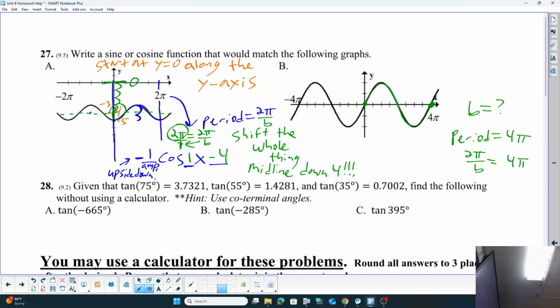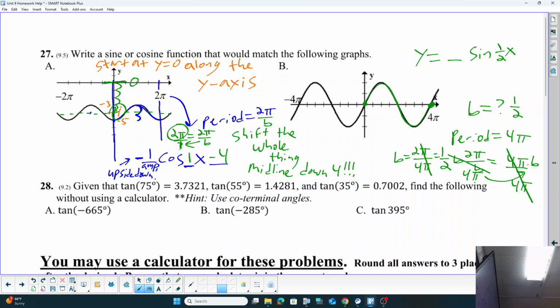To solve for b, b comes up here and times it to the other side, and then 4 pi gets divided down here. So b is equal to 2 pi over 4 pi, and that just reduces to a half, because the pi's cancel. So our b value here would be a half. So y equals blank sine 1/2 x.